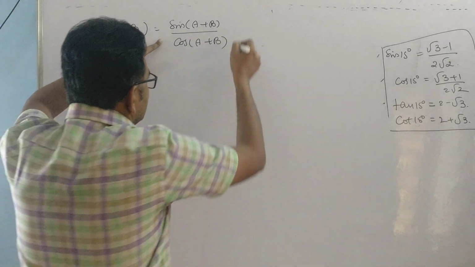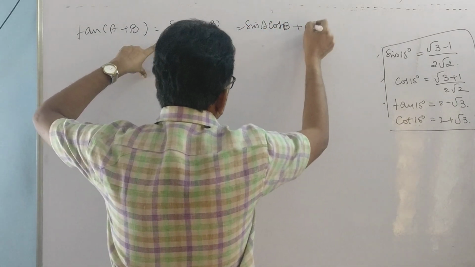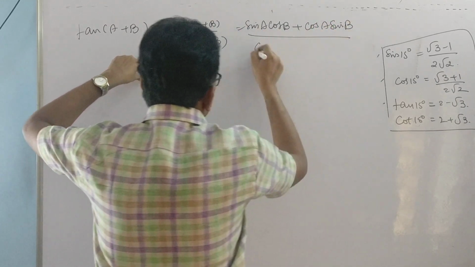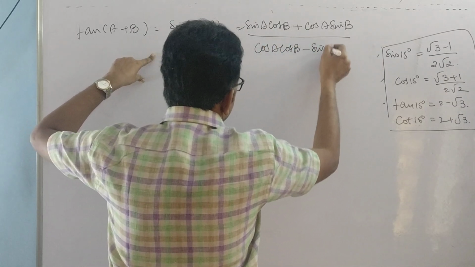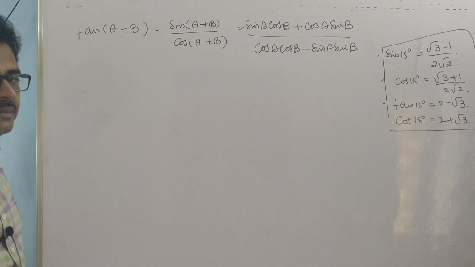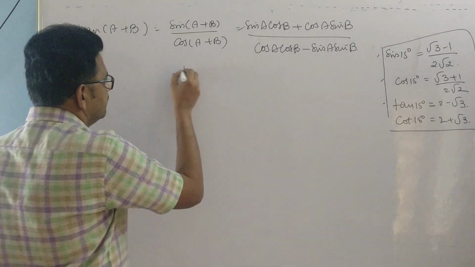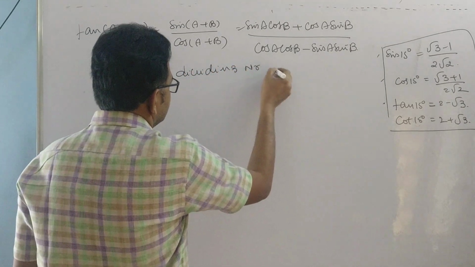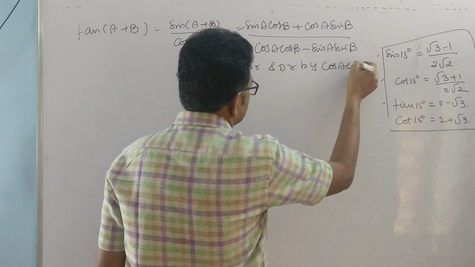So this is (sin a cos b plus cos a sin b) by (cos a cos b minus sin a sin b). Now, dividing numerator and denominator by cos A cos B.